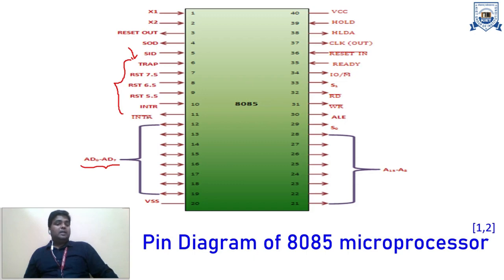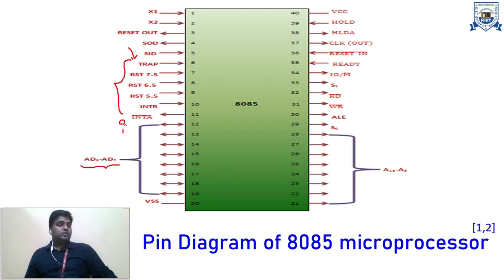INTA complement. What does it mean? It means this is an active low signal. Active low signal means that when the value is 0, it becomes active, and when the value of this pin is 1, it becomes inactive. That is the meaning of complement.